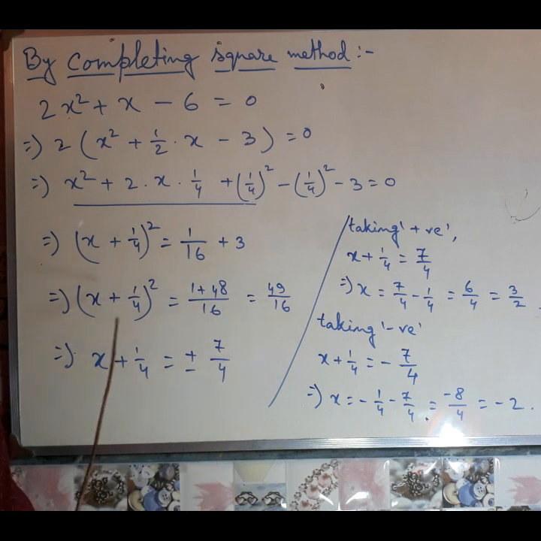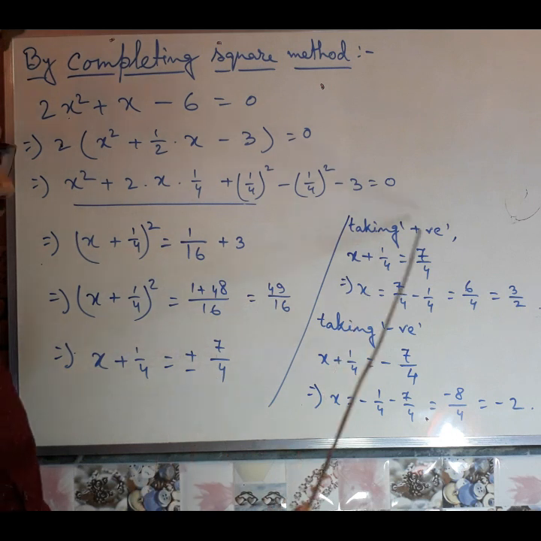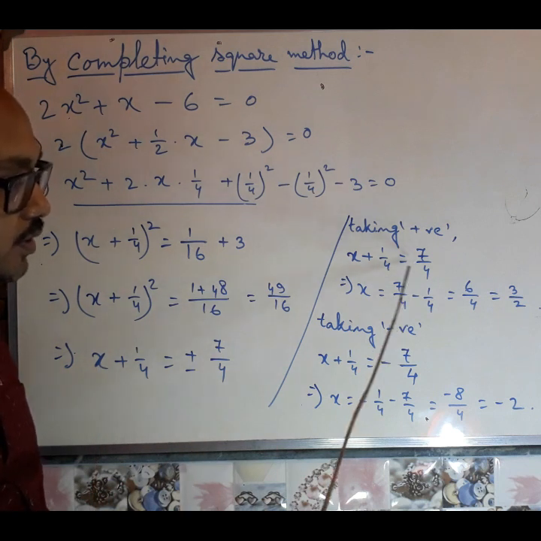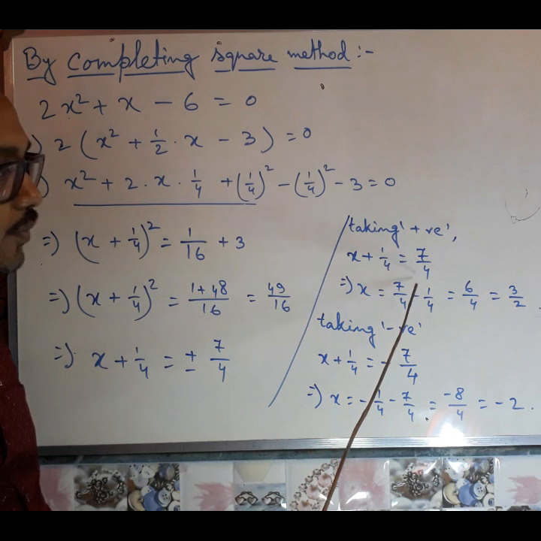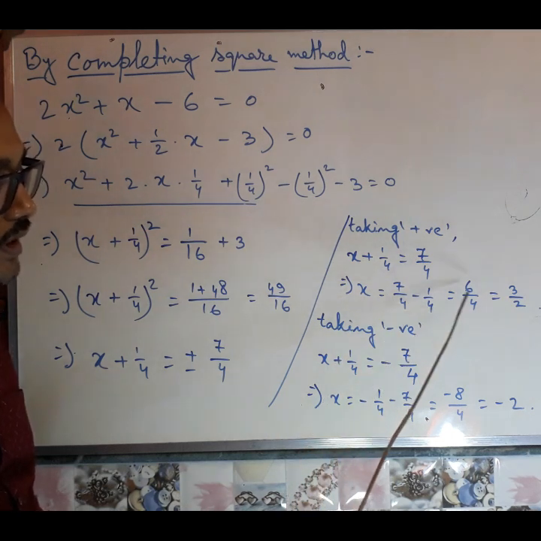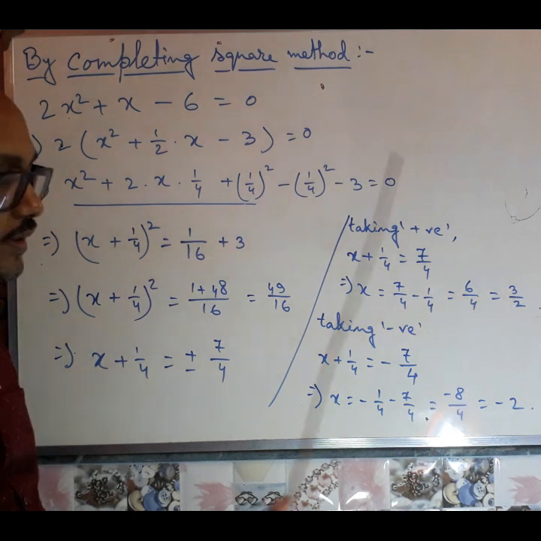Now, doing the square root of both sides, what we will get? x plus 1 by 4 will be equal to plus minus square root of this term, that is 7 by 4. Now taking this positive sign, x plus 1 by 4 is equal to plus 7 by 4. Changing the side of 1 by 4, x is equal to 7 by 4 minus 1 by 4, that is 6 by 4, that is equal to 3 by 2.